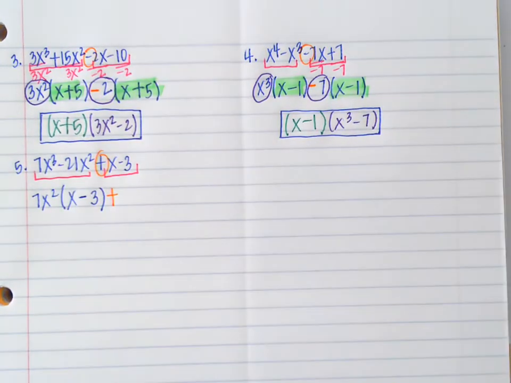Okay, we always bring down that sign. So it's a plus. Now we're thinking, okay, well, what is my common factor between x and negative 3? And if you're thinking there is none, you're kind of right. But what you're forgetting is there is a number that can divide into any number, and that number is 1.